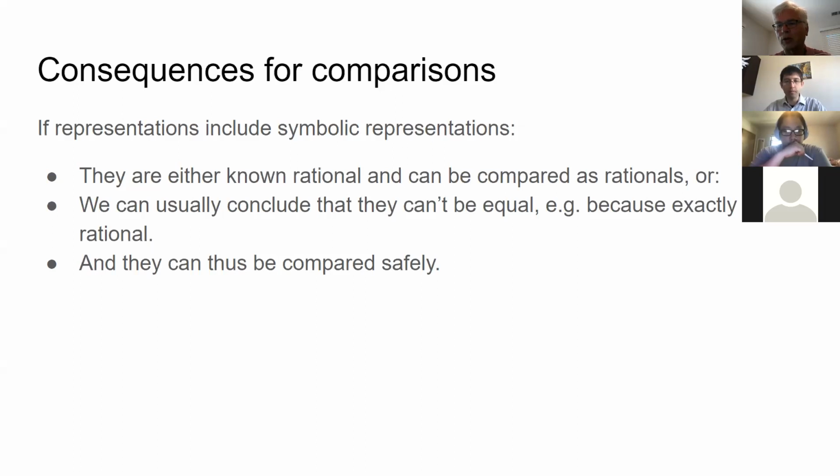So in particular, if we're comparing a known rational to a known irrational, we know that the naive comparison process will converge.